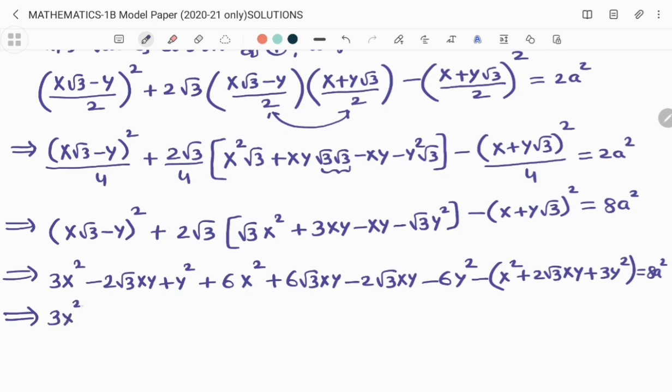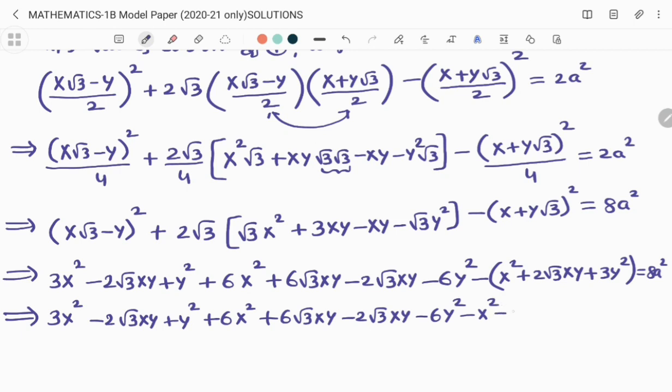So 3x square minus 2 root 3 xy plus y square plus 6x square plus 6 root 3 xy minus 2 root 3 xy minus 6y square minus x square minus 2 root 3 xy minus 3y square is equal to 8a square.